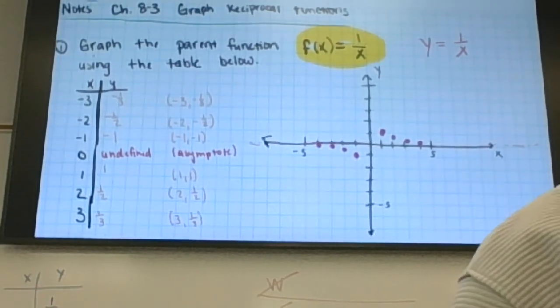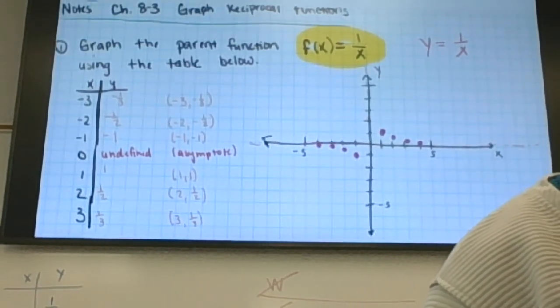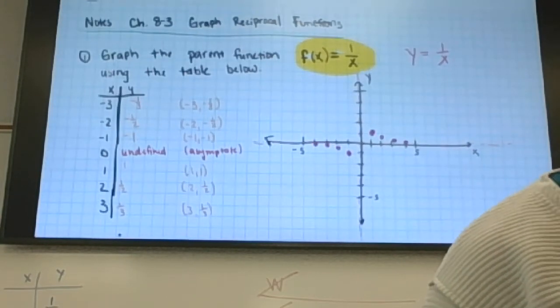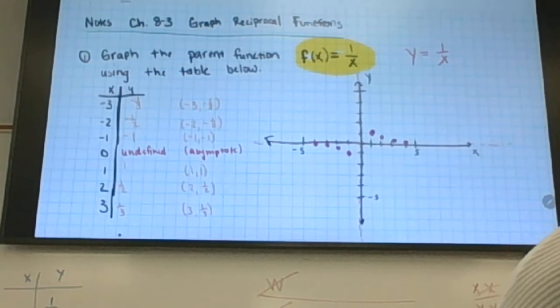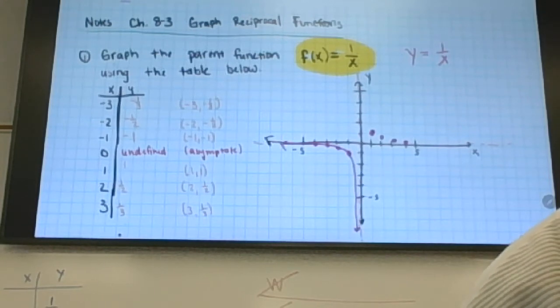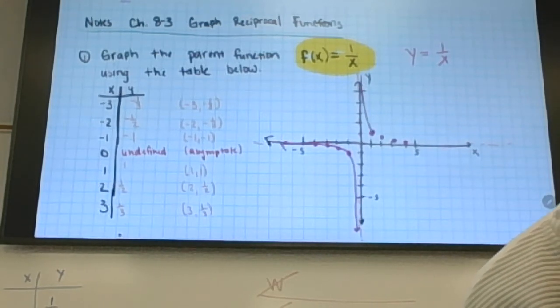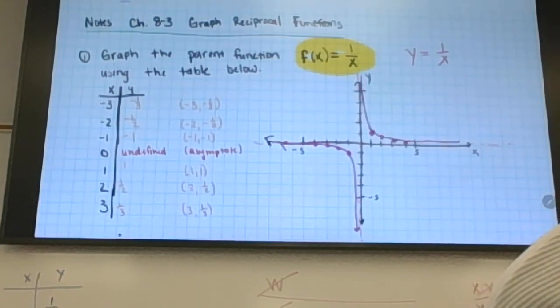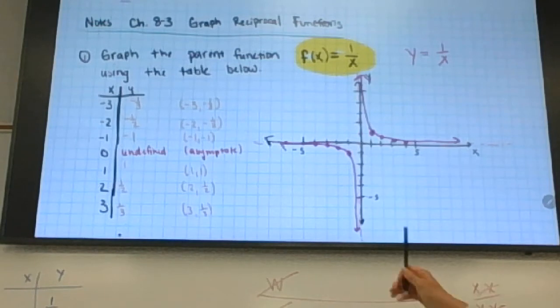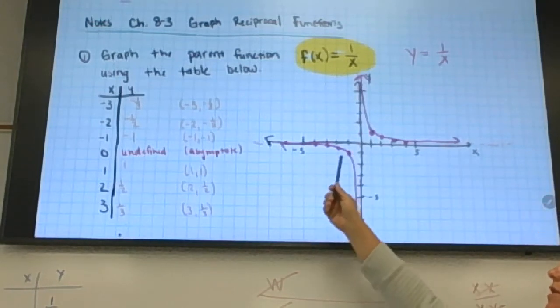Yeah, you can put it in Desmos if you want. So we're gonna curve down and then meet at the end. Start near a dashed line, curve down, end near a dashed line. So on both sides, these are called branches.